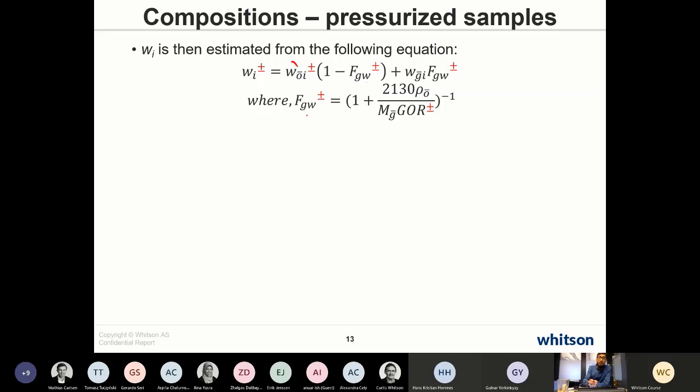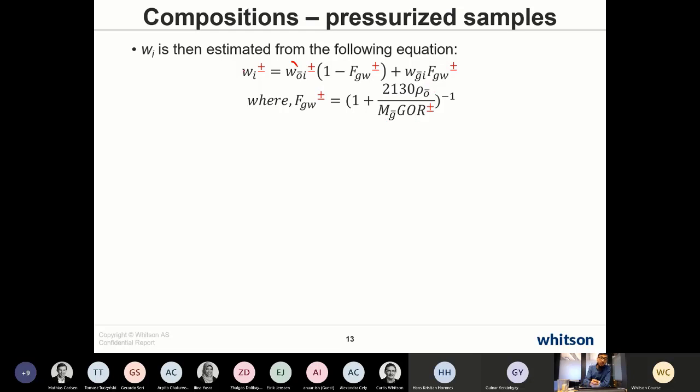You can calculate that from this equation, like the molar fraction equation we saw earlier, but this is the mass vapor fraction. It can be calculated using the density of the surface oil, the molecular weight and also the GOR.